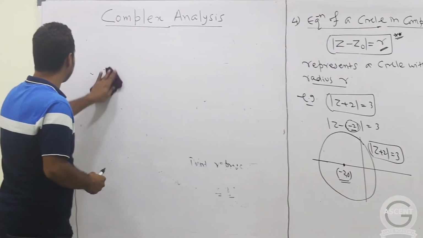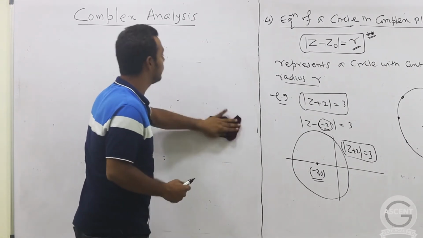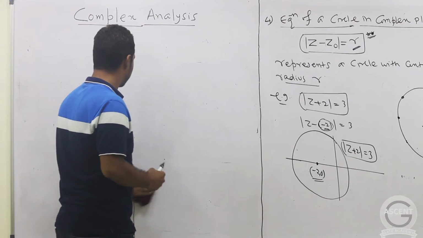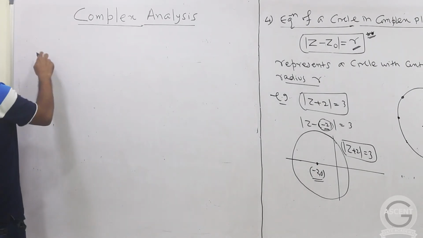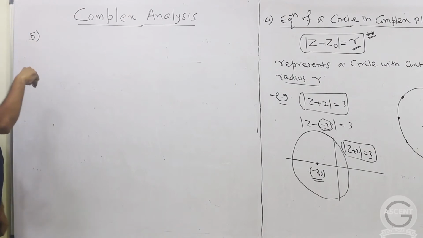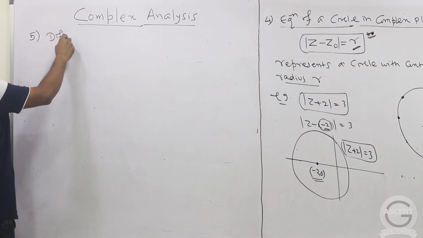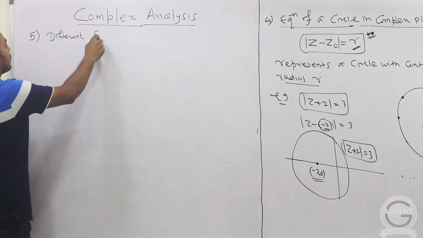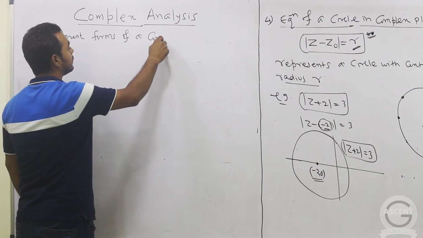The first one is Cartesian form, the second one is polar form, and the third one is exponential form. There are different ways of writing a complex number. So our fifth basic concept will be different forms of a complex number.